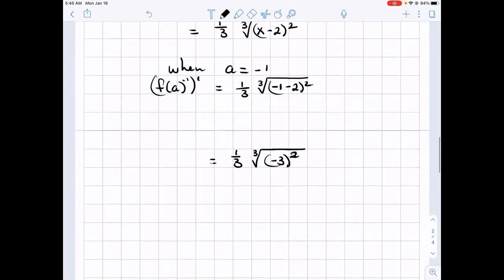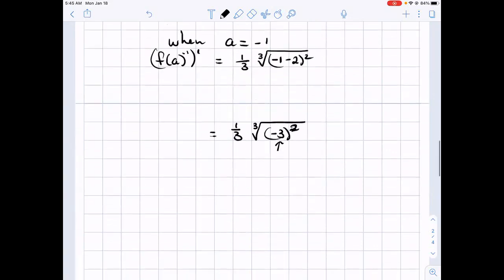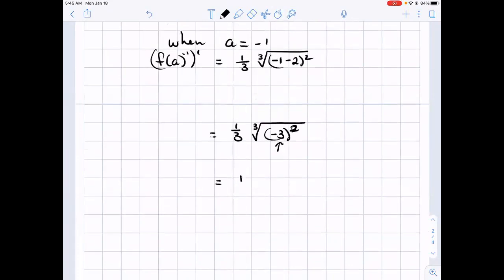Well, this is squared here, so it doesn't matter if this is positive or negative. So we can write this the same as 1/3 the cube root of 3 squared.